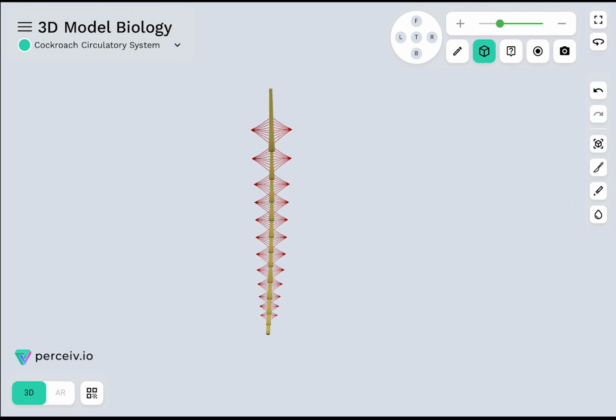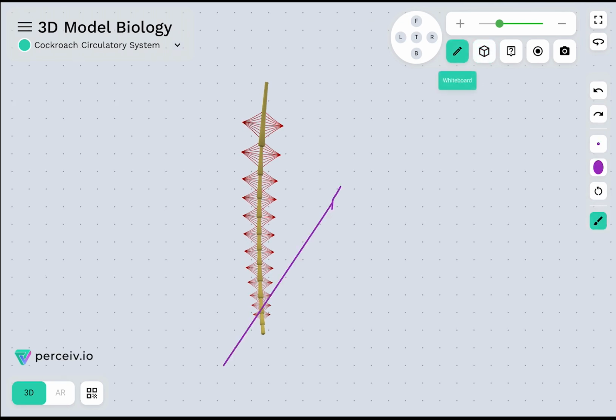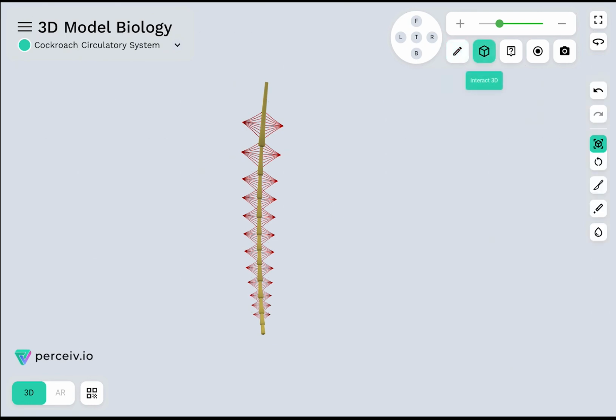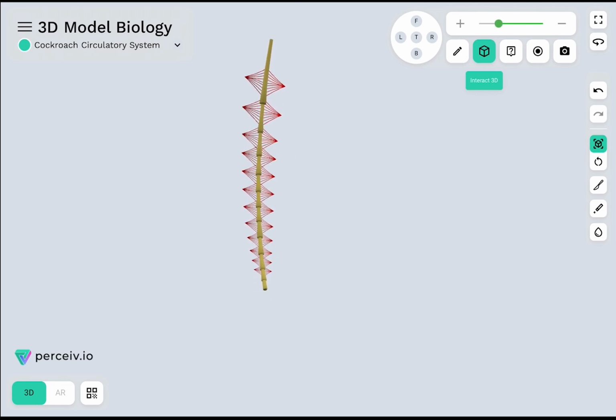So you can see that from this side, this is usually made of funnel-shaped chambers having ostia, a very peculiar thing, on either side.